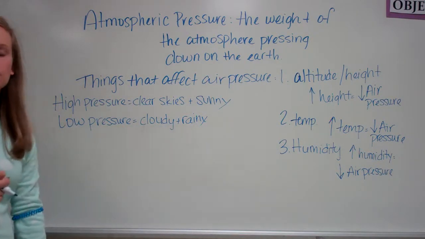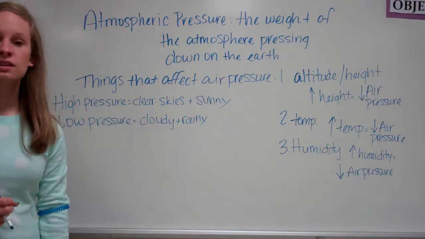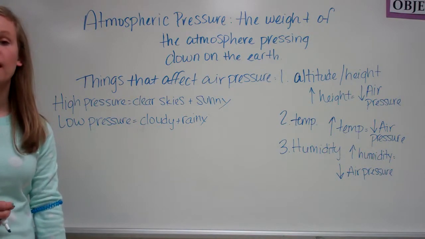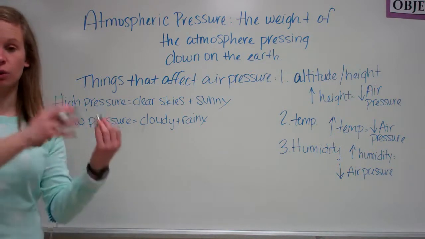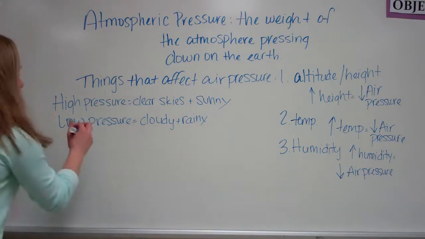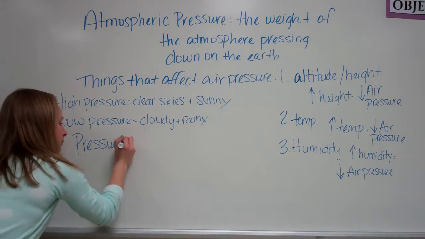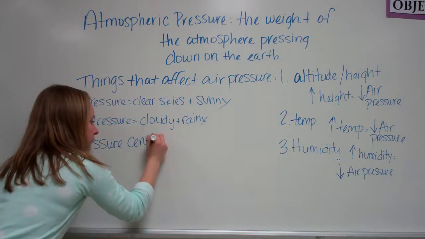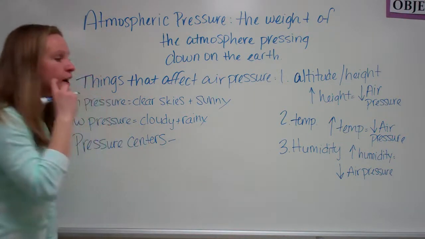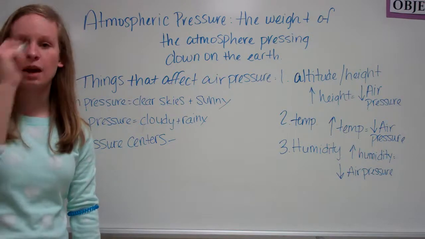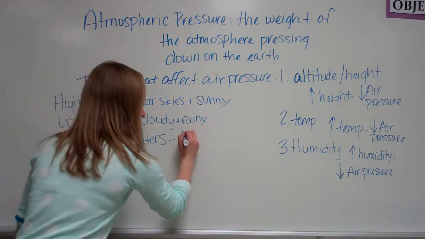Finally, let's talk about pressure centers. Pressure centers are areas where we have groupings of high pressure or low pressure. Let's write that down. Air pressure is always going to travel from high pressure to low pressure.